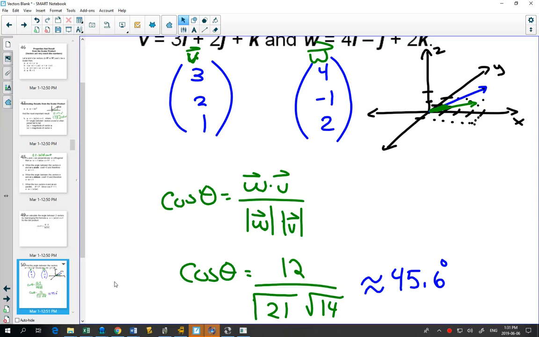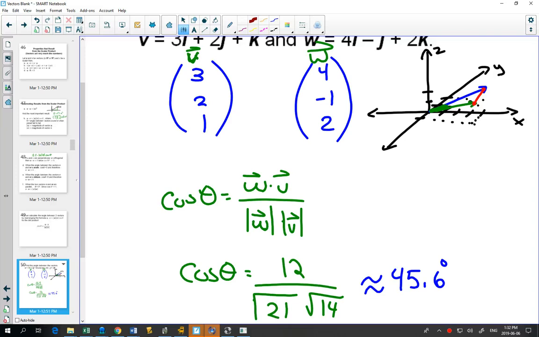Which is an amazing result, because if you had those two lengths to try to find the angle between them, it would be difficult otherwise. I guess what you could do using your old math is you could find out how long the green one is, find out how long the blue one is, then find out how long it is between them, draw that in 2 dimensions, and use your cosine law to figure it out.